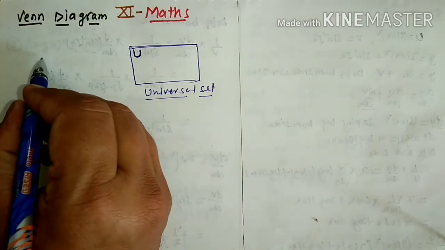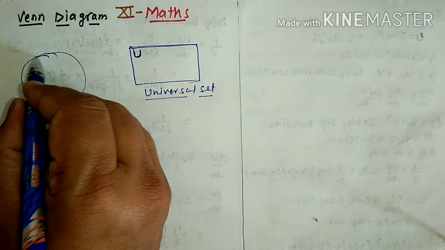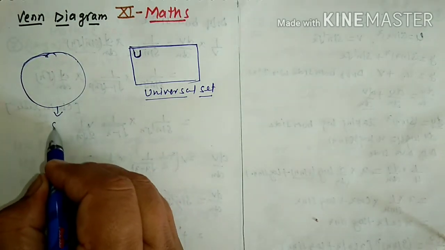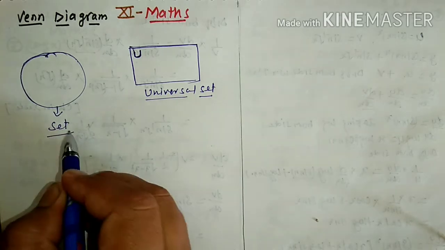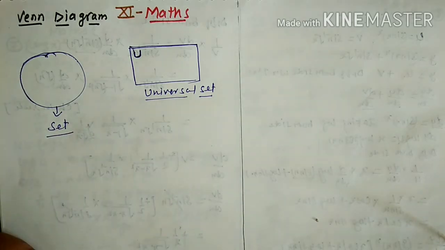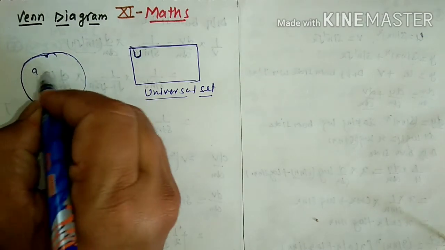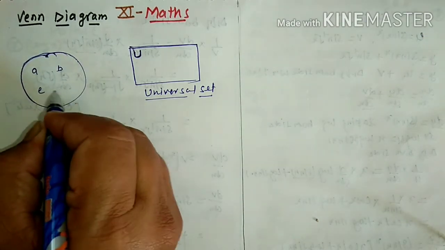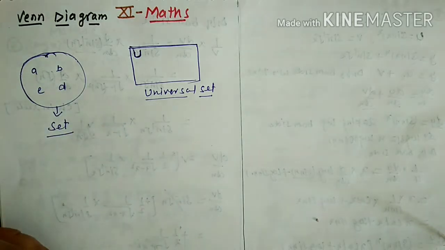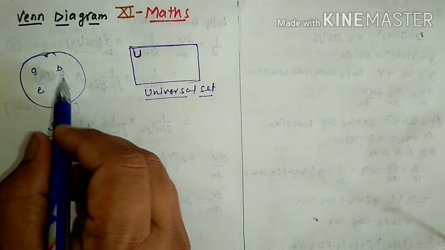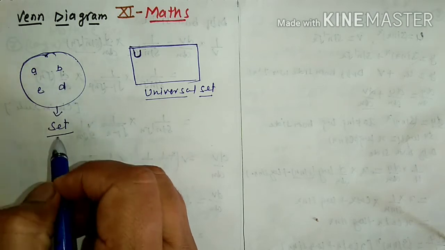एक सर्कल आपको मिलेगा लाइक दिस. दिस सर्कल इज इंडिकेटिंग सेट, and the elements inside it. The alphabets I have written inside this are the elements of this set.